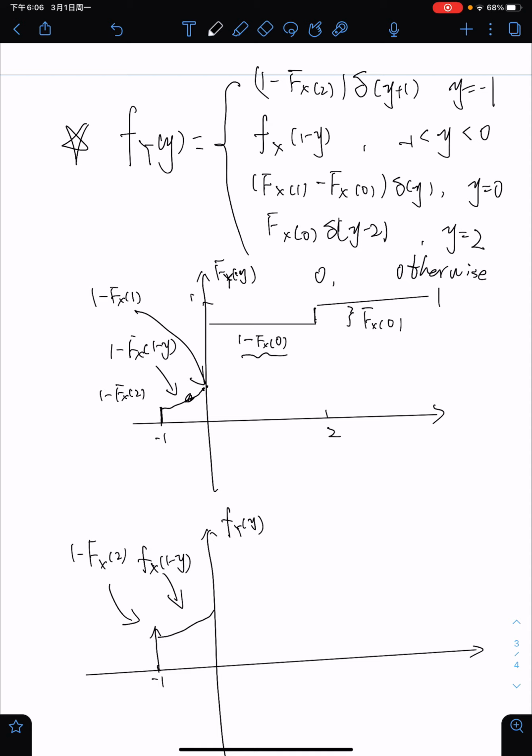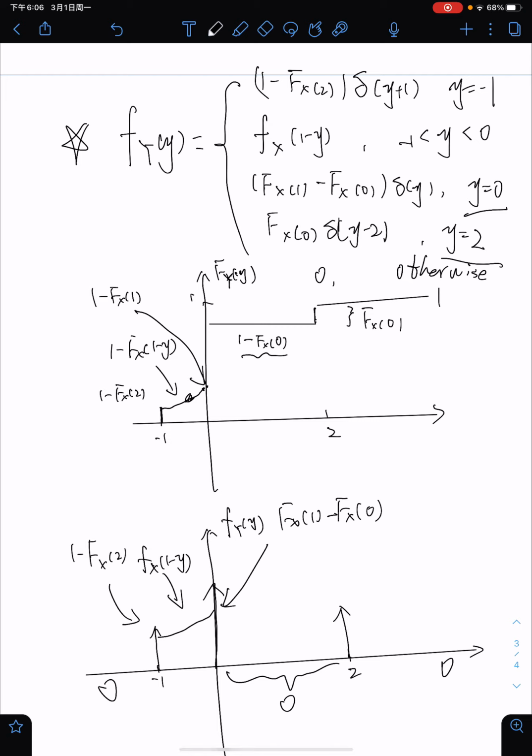And when y equals to 0, here is an impulse, and the area is Fx(1) minus capital Fx(0), and this part is 0. When y equals to 2, it has an impulse, and the area is capital Fx(0).